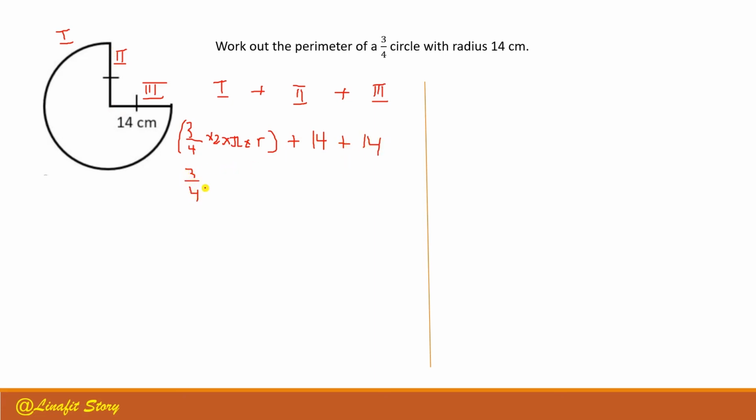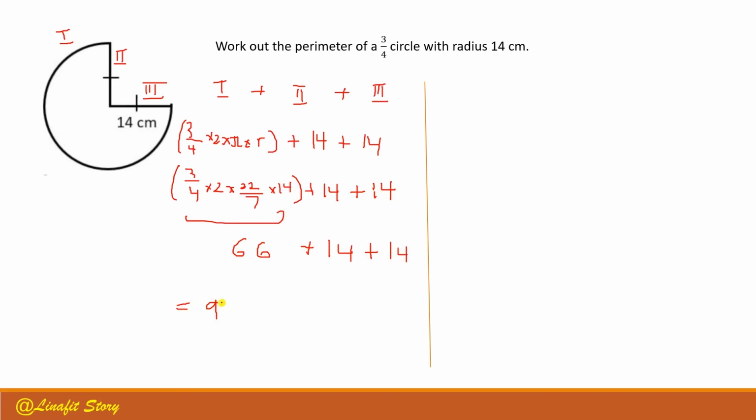So 3 out of 4 times 2 times 22 out of 7 times the radius is 14 plus 14 plus 14. So this is 66 plus 14 plus 14 is equal to 94 cm.